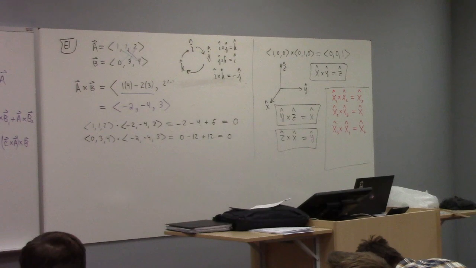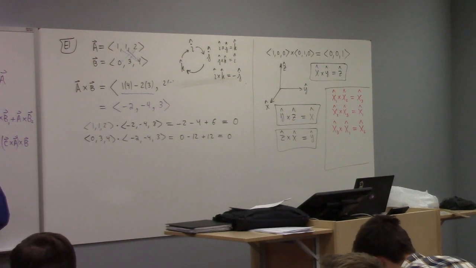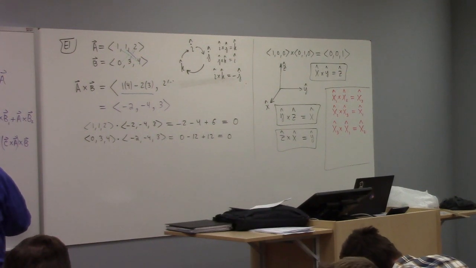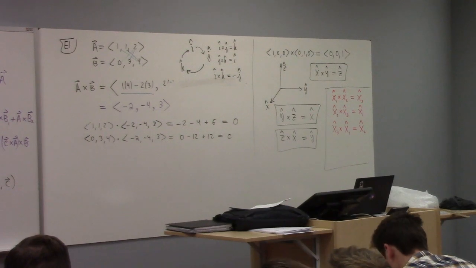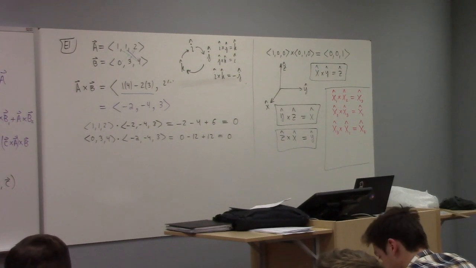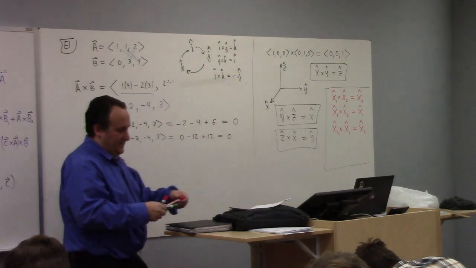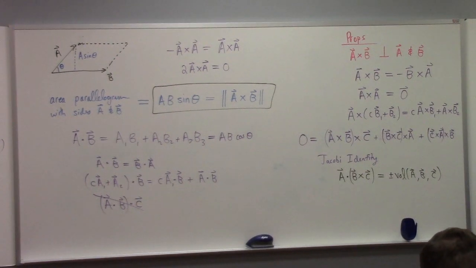What is this calculating? What this is giving you is called the volume. So this is plus or minus the volume of the parallelepiped with sides A, B, C. If I have three vectors, I have these two vectors here, and then I've got a third one like this.